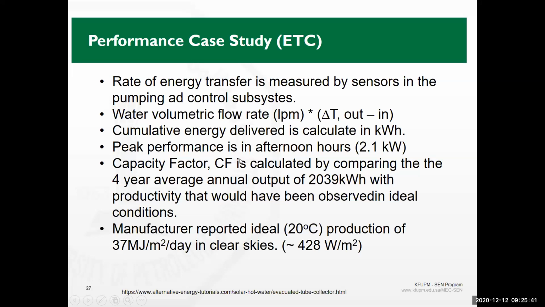Now you can compare basically what you are actually getting from the collector that you have, in terms of flow rate, in terms of temperature difference, and time of operation, so that you can calculate how much energy you are getting from the collector. You divide it by the standard, and it gives you what we call the capacity factor of that solar collector.